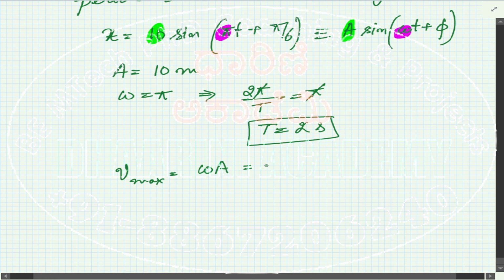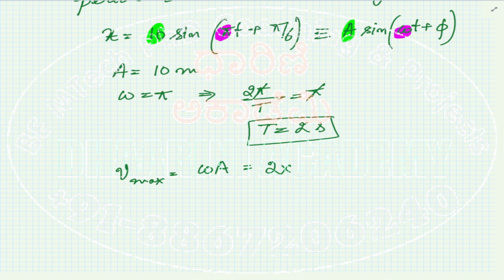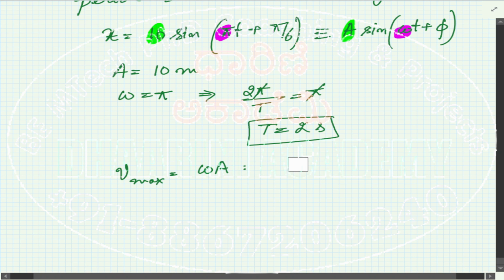Sorry, omega is actually pi, my mistake. Omega is pi and amplitude is 10, so this is 10 pi, in meters per second.